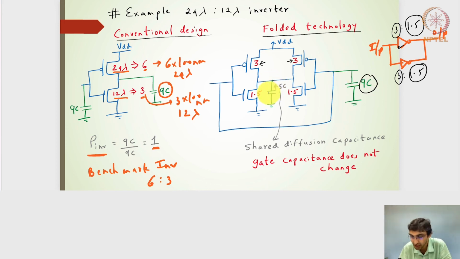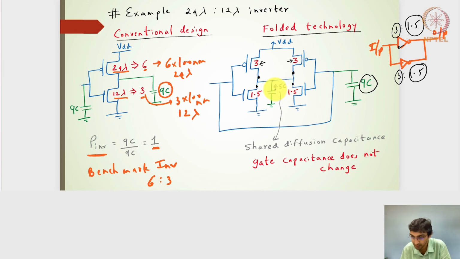But now the output capacitance, I've written it as 4.5C, because the diffusions here, which are in parallel, are kind of merged or shared now. And then the diffusions here on the NMOS side and on the NMOS side are also shared, and they are merged.